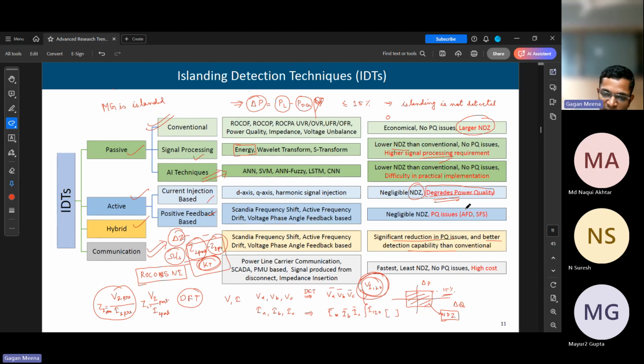So we combine the benefits of both and use the hybrid technique. And the last one is communication, which we have already seen. It is the fastest with the least NDZ and no power quality issue, but it is very costly and requires communication throughout the system.